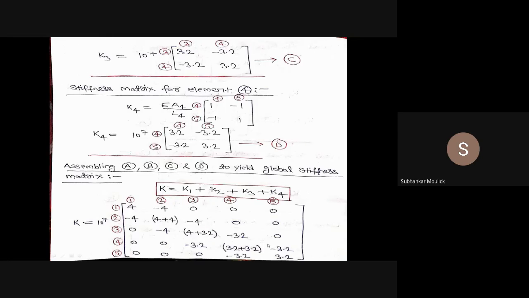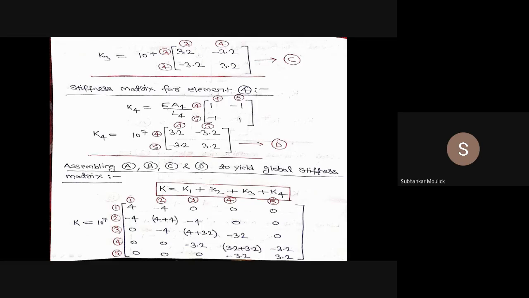If you have solved this problem by taking two elements, then your size of the global stiffness matrix will be 3 cross 3, because for two elements 3 nodes are there. Since we have taken 4 elements, total node is 5. So the size of the global stiffness matrix will be 5 cross 5 matrix.